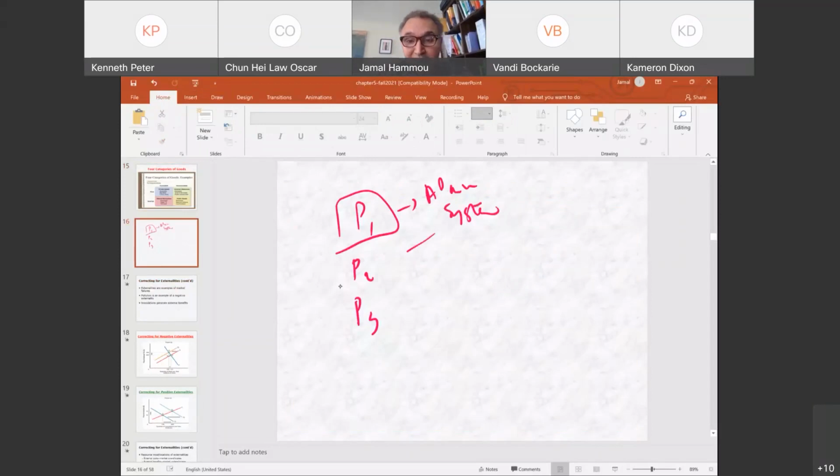We cannot exclude them because they're living in the same house. So these 3 people have to figure out how to allocate the resources. If the price of the alarm system is $90, I'm not asking everybody to pay $30. I'm not going to divide it by 3. That's not how it works.